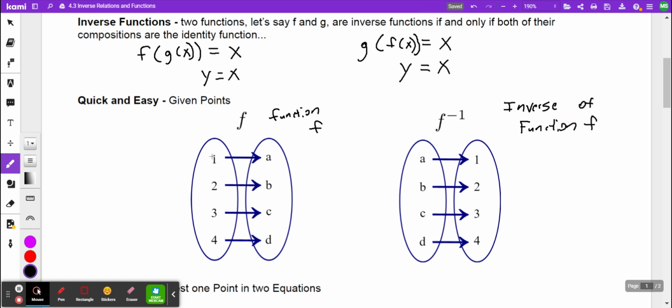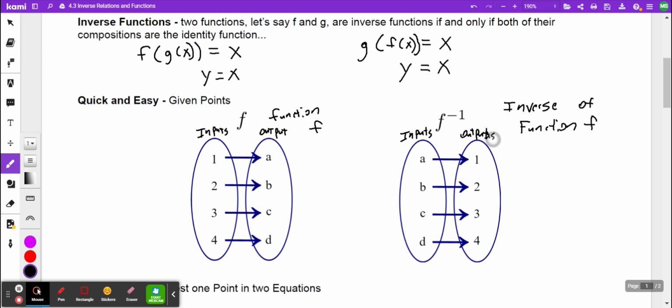Notice how we have the points 1, 2, 3, 4. Our inputs will give us an output, whereas in the inverse of f, our outputs become our inputs.